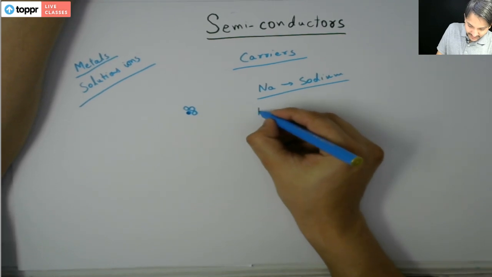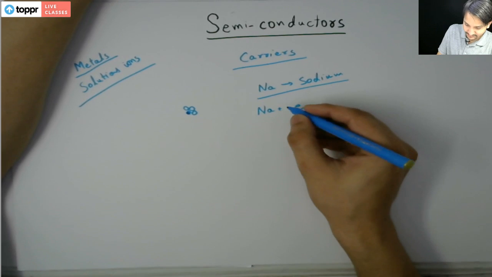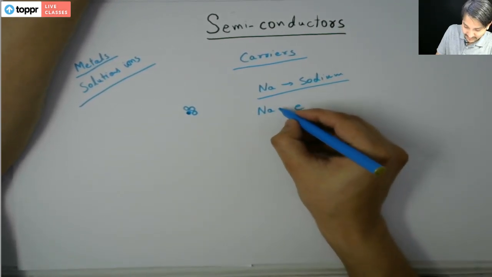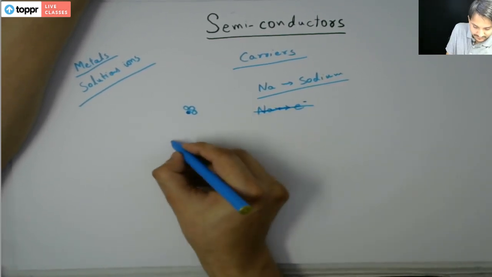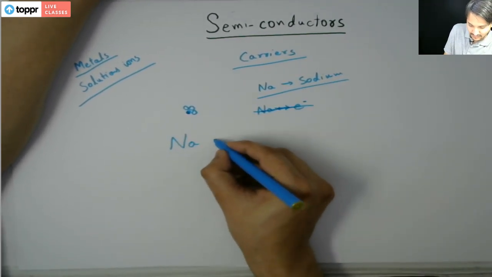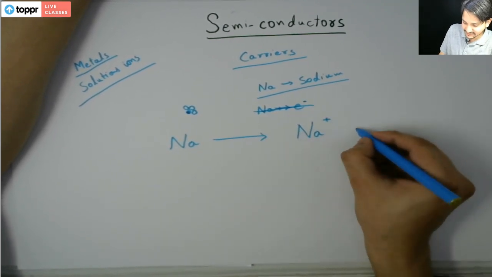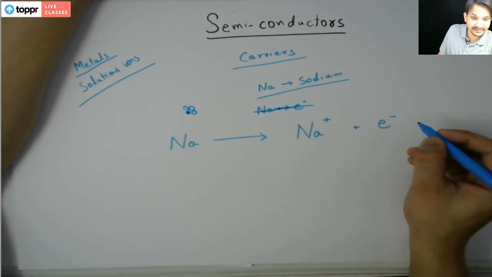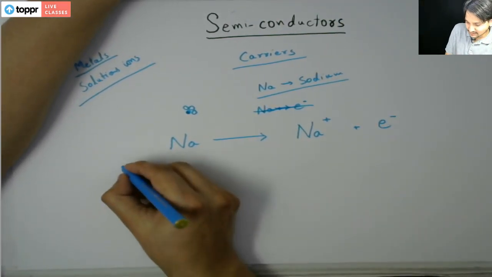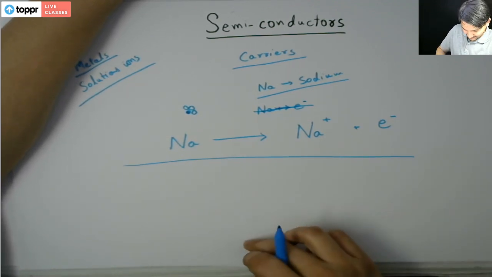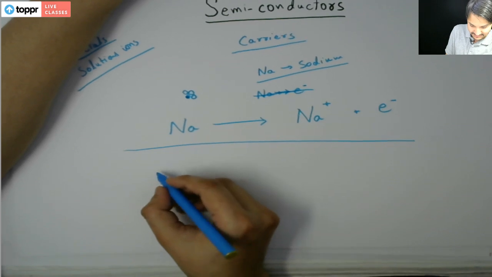We know that sodium gives off one electron to become a positively charged ion. It has a single positive charge. To go deep into its electronic configuration, let's see what it has.